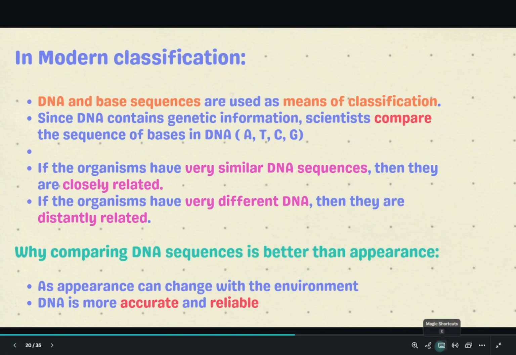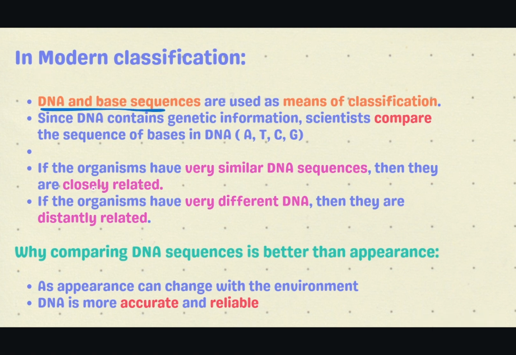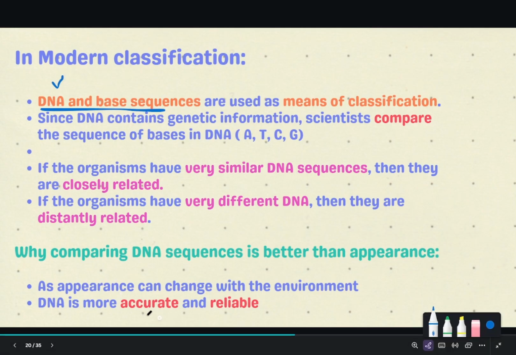All right, so the main three points that the examiner wants you to identify from classification systems using DNA and base sequences are these. In modern classification, the first thing that we use is DNA and base pairings. The reason why we use this is because it is more accurate and more reliable, because it cannot change with the environment.